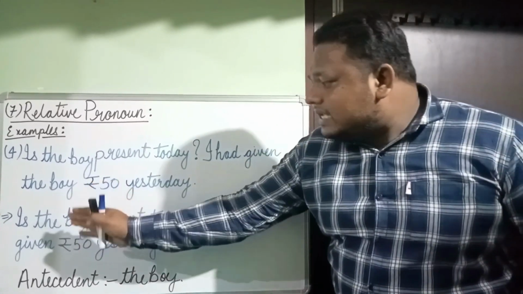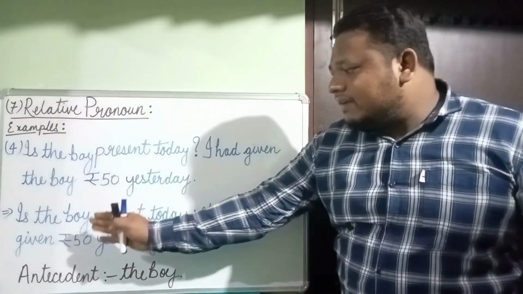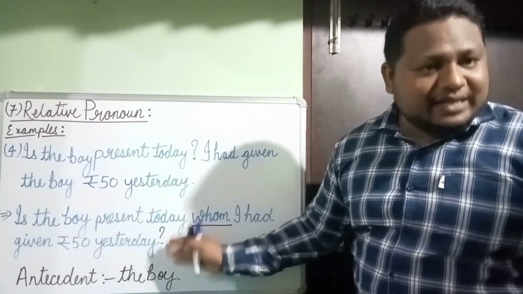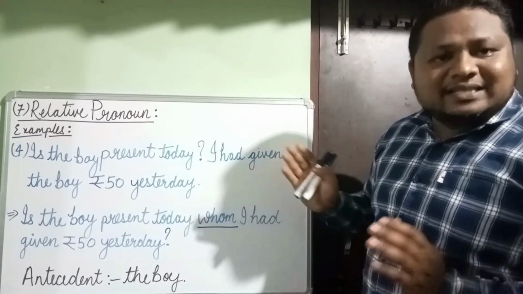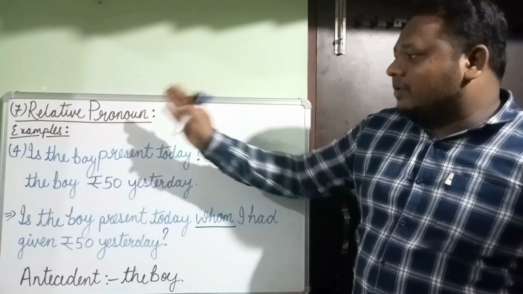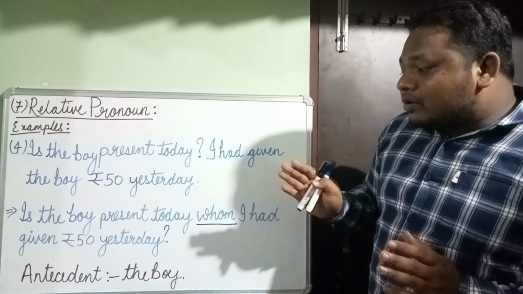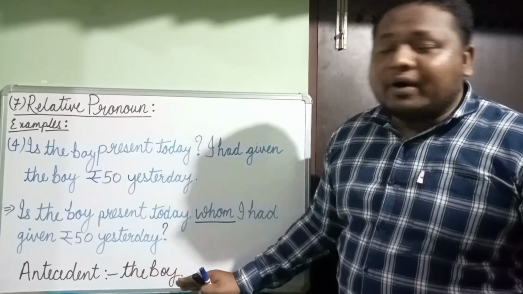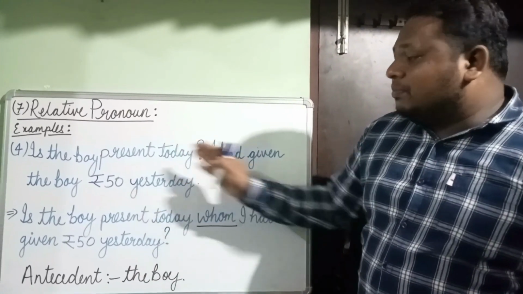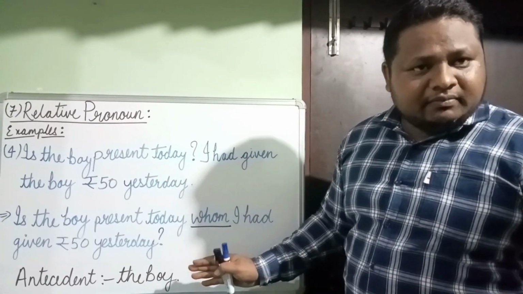Now, is the boy present today whom I had given 50 rupees yesterday? Alright, so we have joined these two sentences successfully using the relative pronoun whom. And now talking about the antecedent, the antecedent will be the boy, because in both the sentences we are talking about the boy. All right?